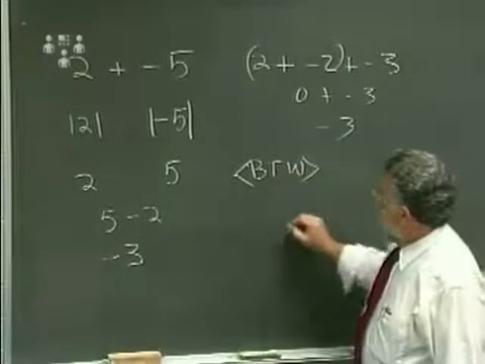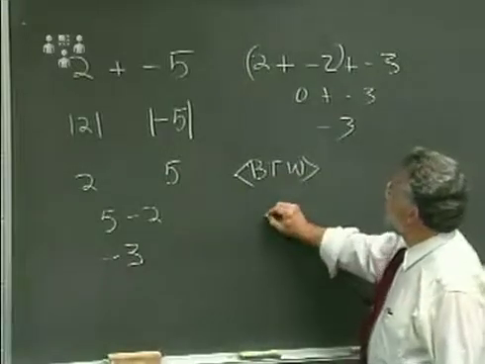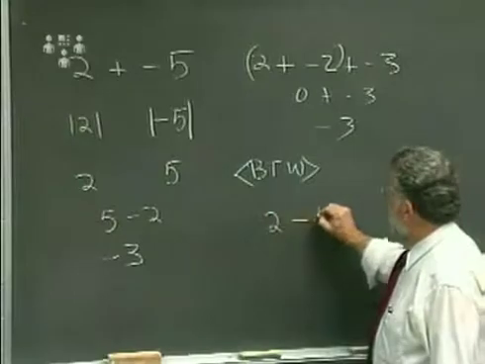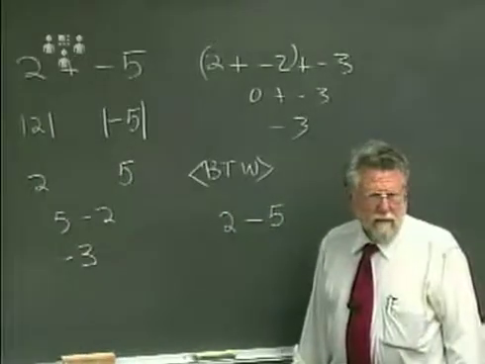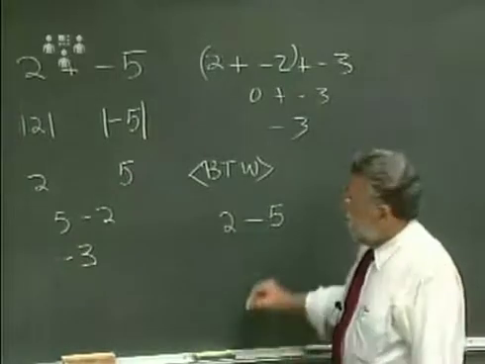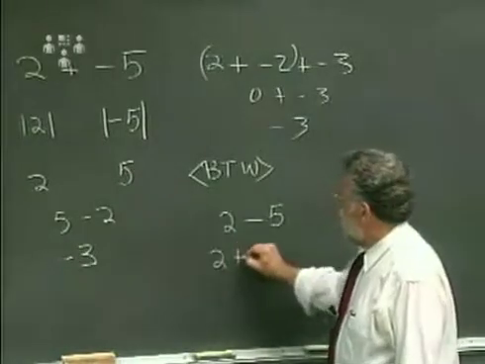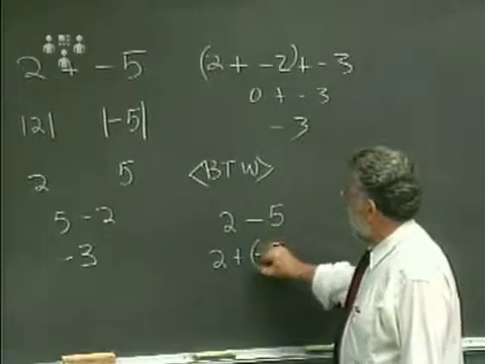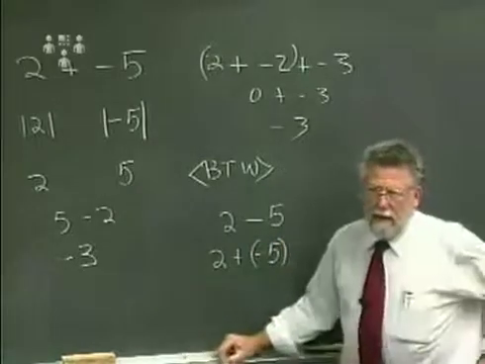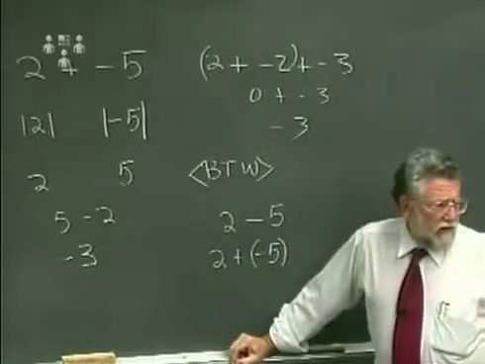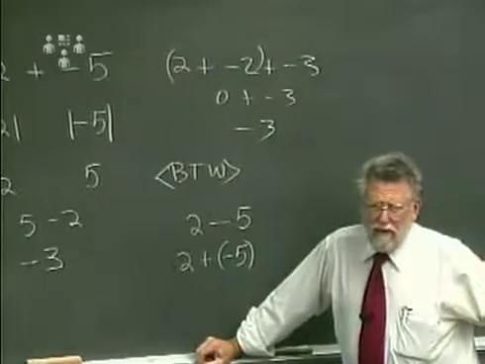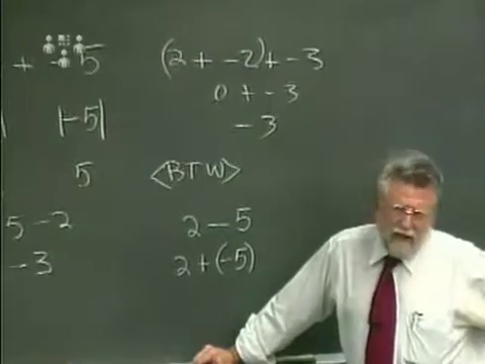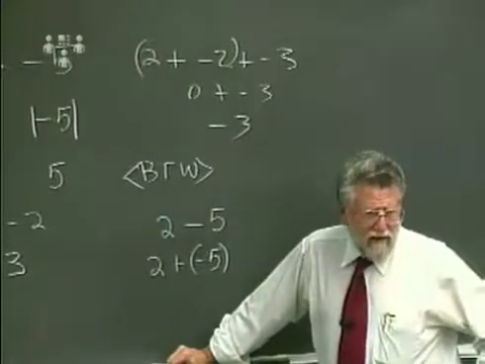Now, if I write 2 minus 5, I trade it in for an addition problem. I never think in terms of subtraction in this way. Now, I realize you can say 2 minus 5 and you know it's negative 3. After a while, you quit thinking about this and you just get an answer.